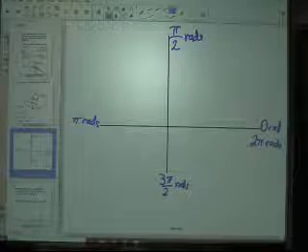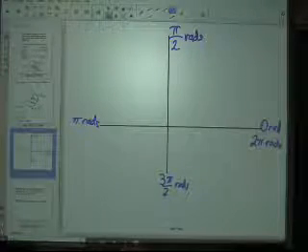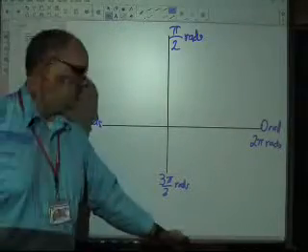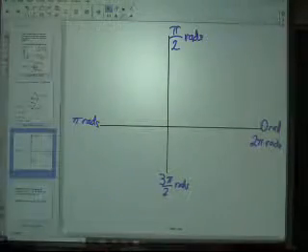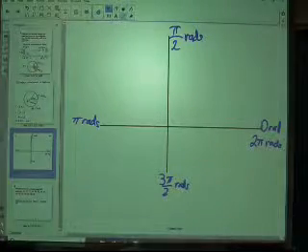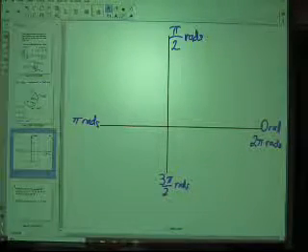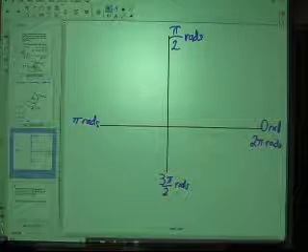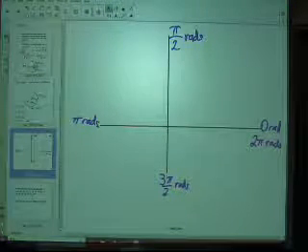If I were to ask you, in what quadrant does a radian angle of 2 pi over 3 land? You have to decide if that 2/3 is more than 1/2 or less than 1/2.